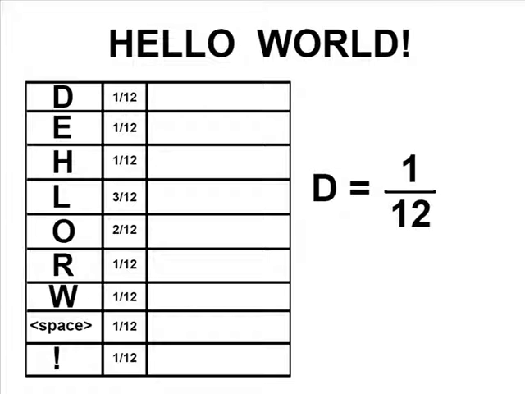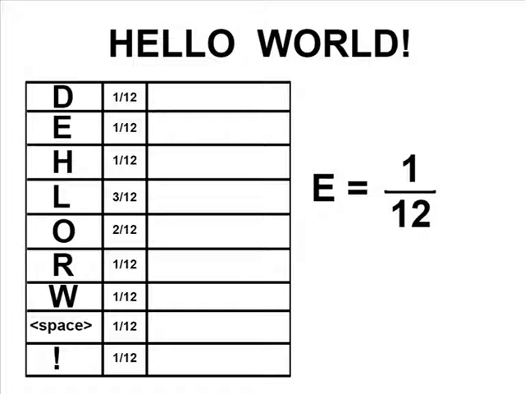We have only one D in the output Hello World, so its probability will be 1/12. 1 is the count of letter D in the output, and 12 is the total number of letters, space, and symbols of the output.